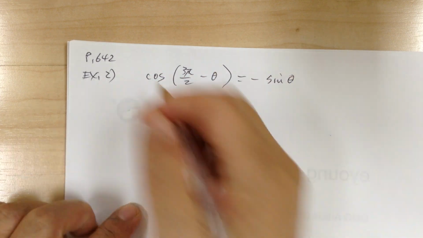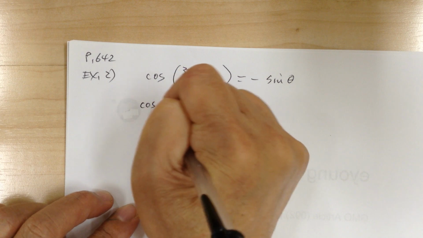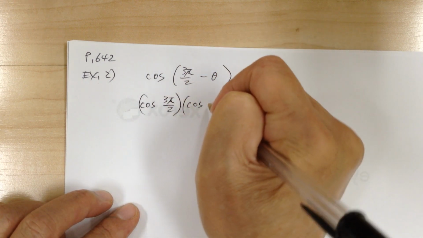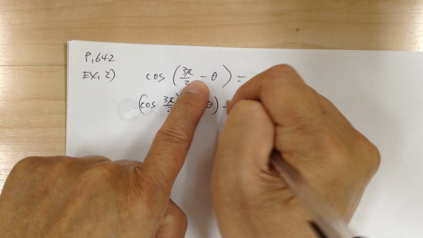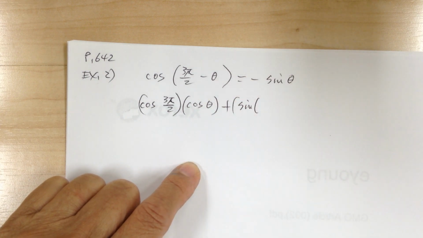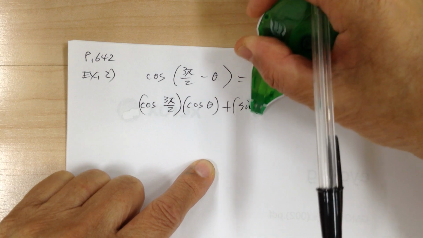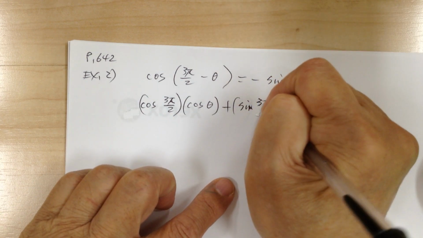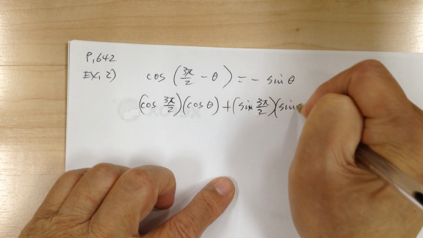This would become cosine of 3 pi over 2 cosine of theta, plus sine of 3 pi over 2 sine of theta.